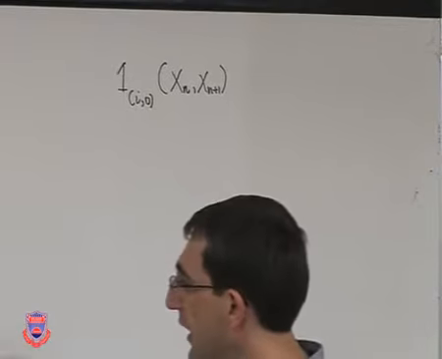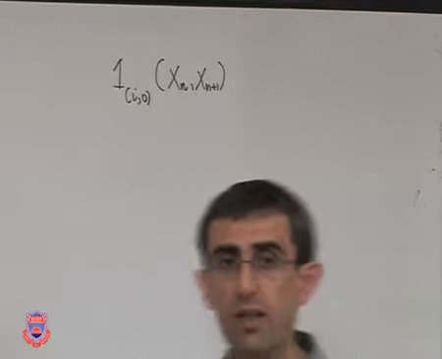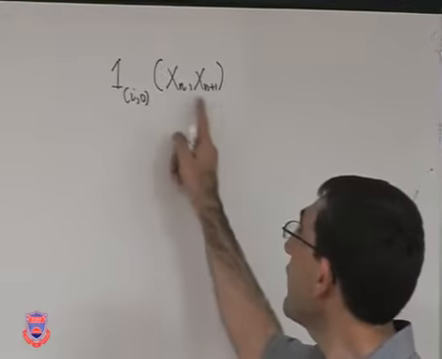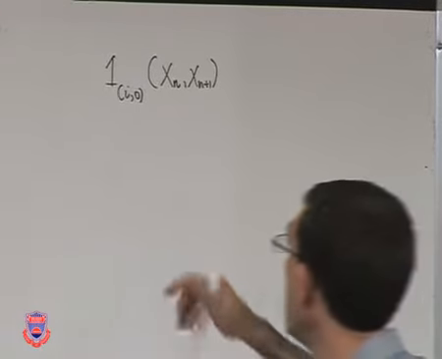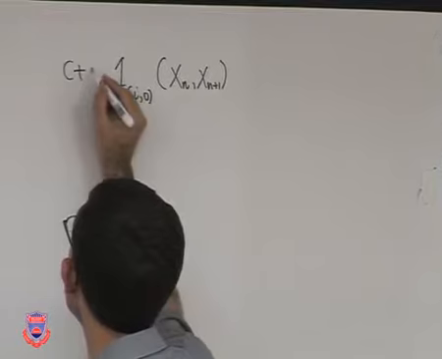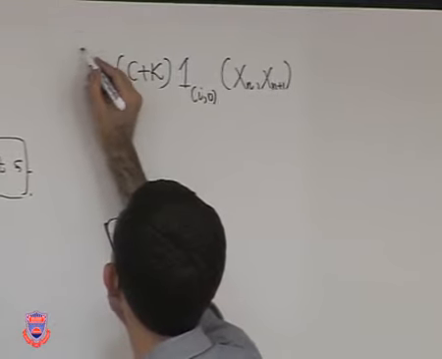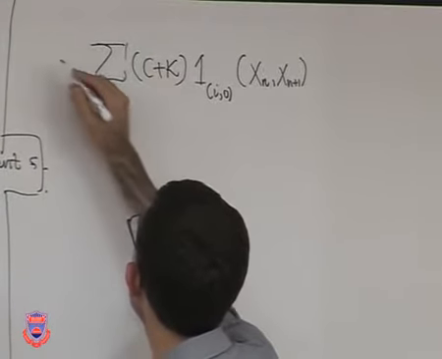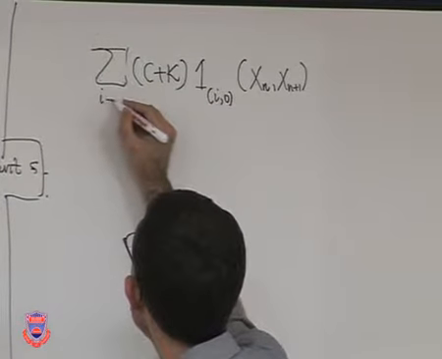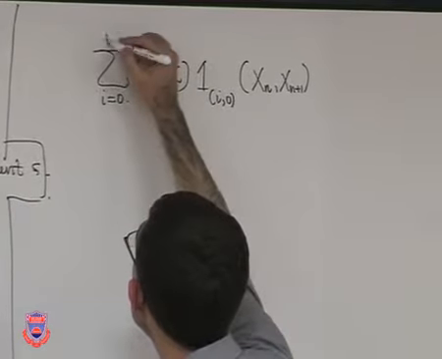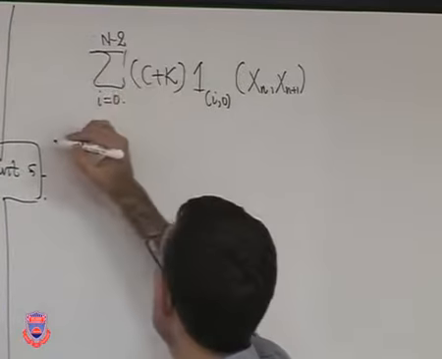If i is less than n minus 1, then this failure must have happened while the component was in service. Therefore, we are going to pay C plus K. As I said, this happens when i is between 0 and n minus 2.